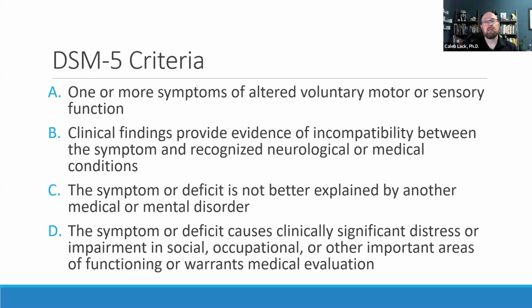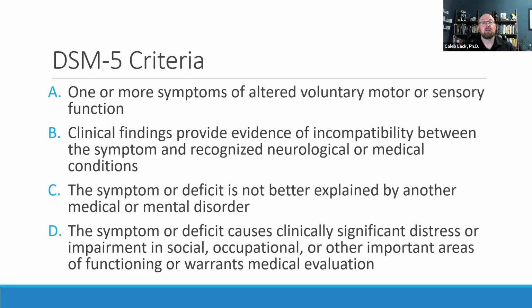So in other words, I'm having what appear to be seizures, or I'm having paralysis, or I'm having blindness, but the physicians, the neurologists, they can't find anything to explain that, right?